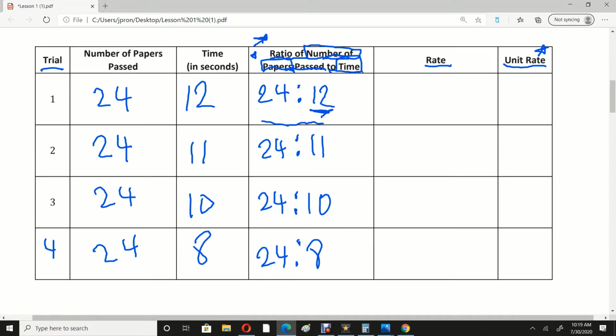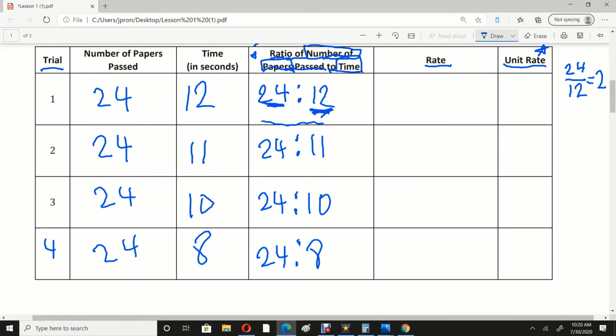Well, it's actually a lot simpler when you think about it like this. Okay, we're going to take the number of papers that were passed out and divide it by the number of seconds that it took. So in this first example, we have 24 papers passed out in 12 seconds. So all we need to do is divide 24 by 12 to get us the unit rate, in this case, which is 2.